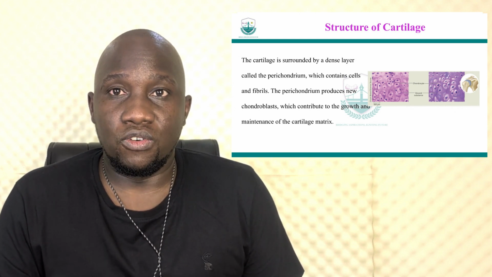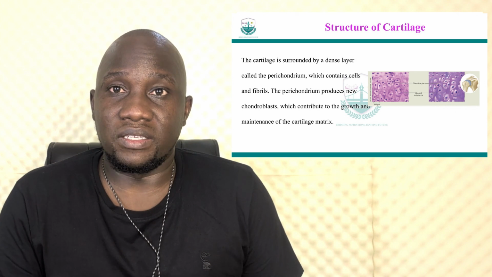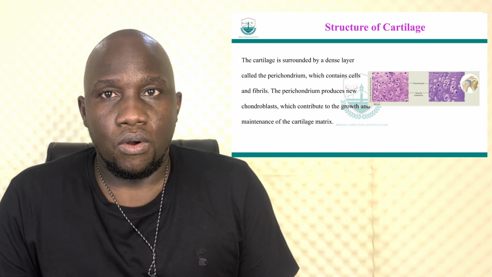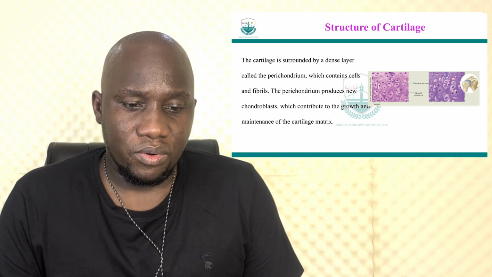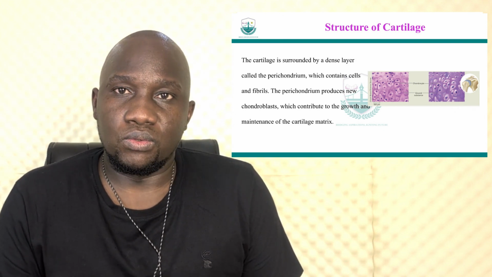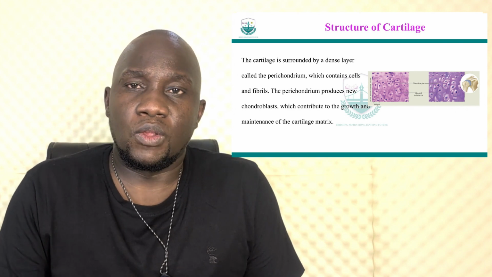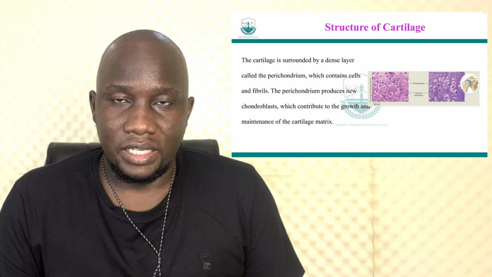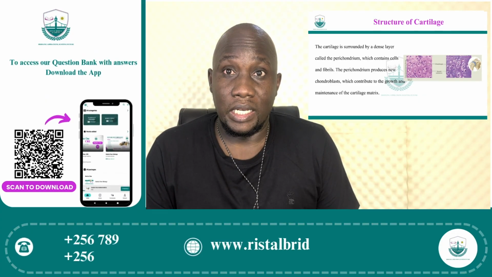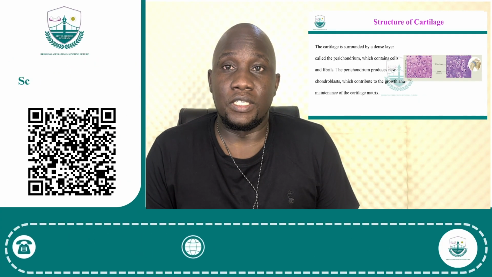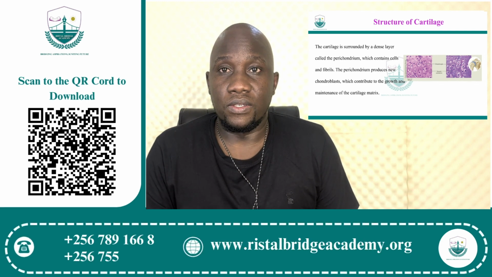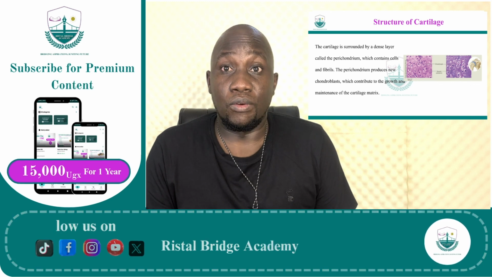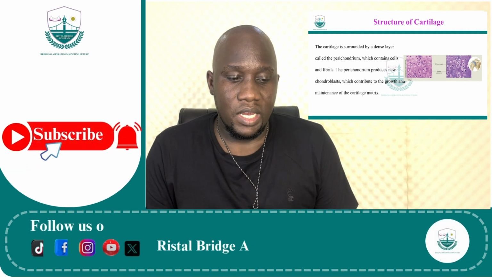Remember, the chondroblasts are the primary cells that we find in the cartilage. Cartilage is very important because it contributes to growth. What we shall look at later is how cartilage can be turned into bones. So cartilage plays an important role in growth and maintenance.